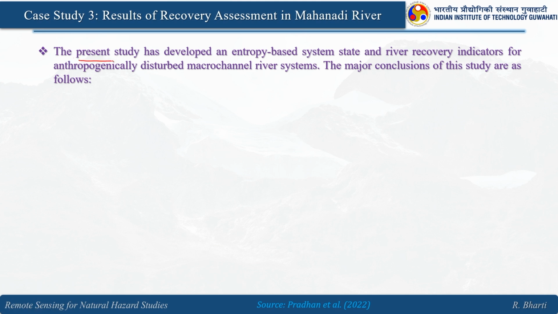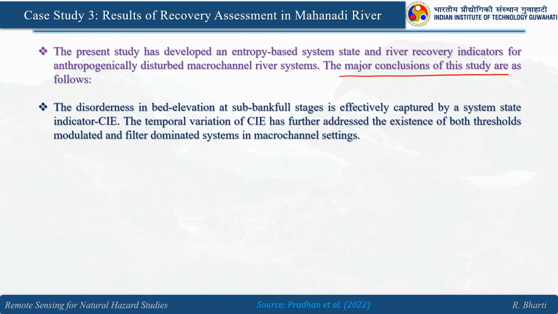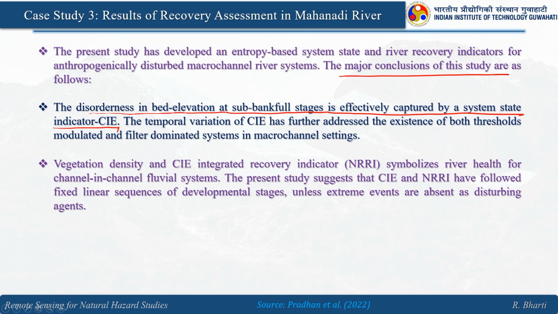The present study has developed an entropy based system state and river recovery indicator for an anthropogenically disturbed microchannel river system. So, the major conclusions from this study are: the disorderedness in bed elevation at sub-bankfull stage is effectively captured by a system state indicator, CIE, right.